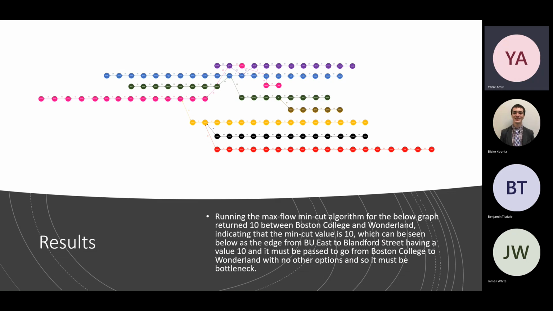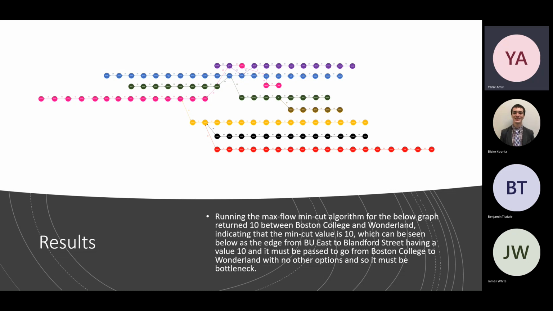And so the result for the graph that Blake used: we were trying to see how to get across Boston from Boston College to Wonderland. From the graph, it's hard to see, but that is the rightmost red node all the way at the bottom to the rightmost purple node all the way at the top.